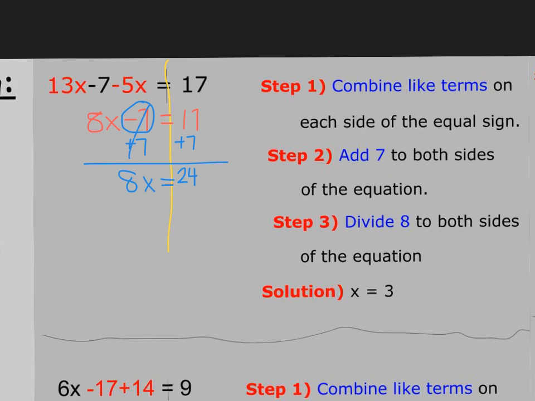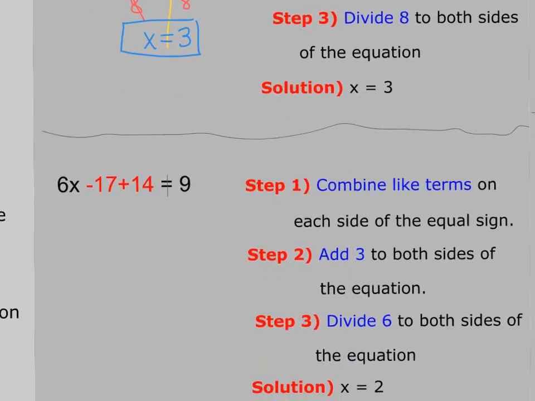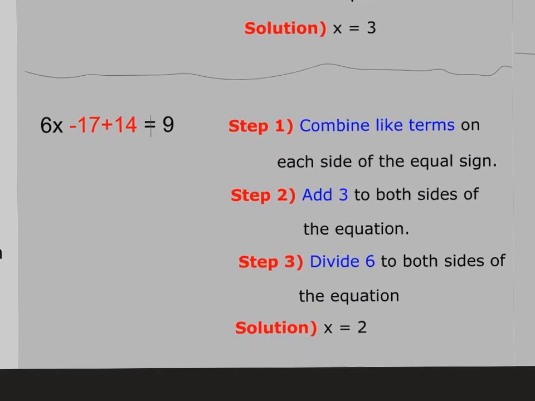Then from here, back to the side with the variable, 8 is getting multiplied with the variable. So inverse operation would be to divide both sides by 8. And once you do that, x will equal 3. That is all. Okay, moving along. Next problem.